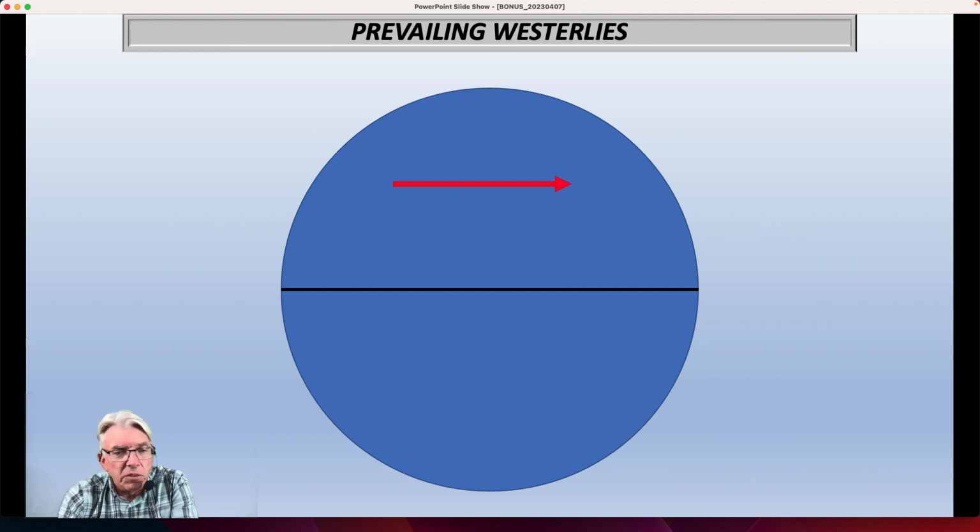Well, what happens in the southern hemisphere? The pressure gradient force is directed from the equator to the South Pole, but now, because the momentum is greatest along the equator and least at the South Pole, it rotates to the left. And so both hemispheres have prevailing westerlies, even though the Earth's rotation actually has opposite effects from one hemisphere to the other.